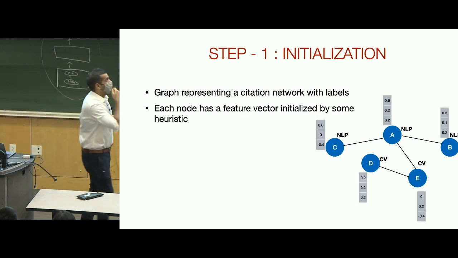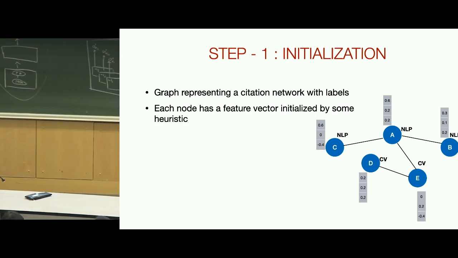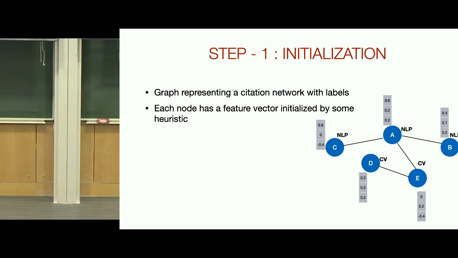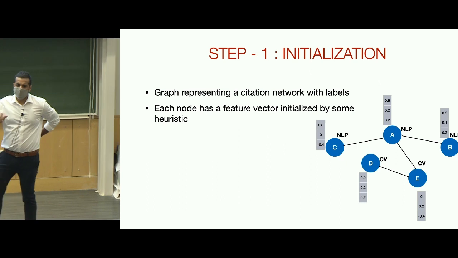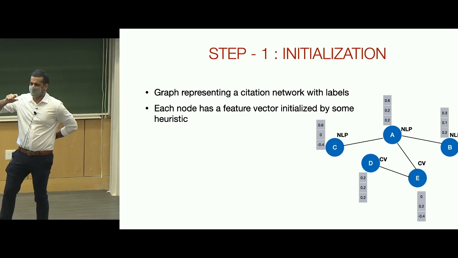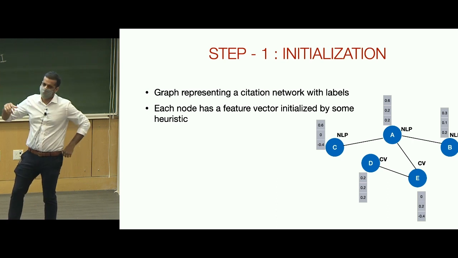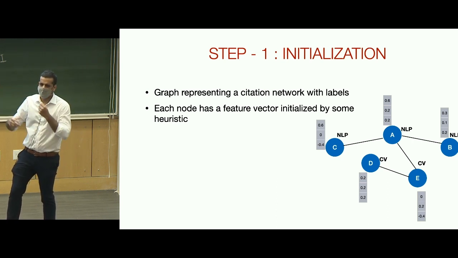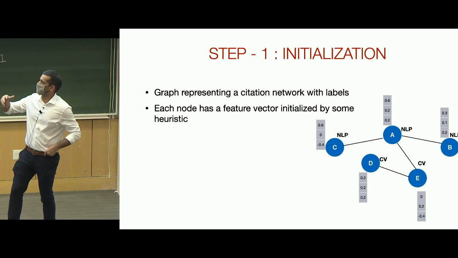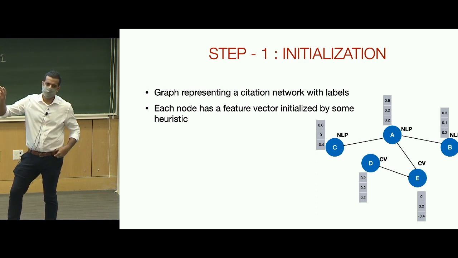Another thing we have is a feature vector for each node. This can be created by any heuristic you want. One example heuristic would be the keywords. Every paper has keywords, a few important words. We could create a frequency vector where we select 5 words and represent how often those words occur.